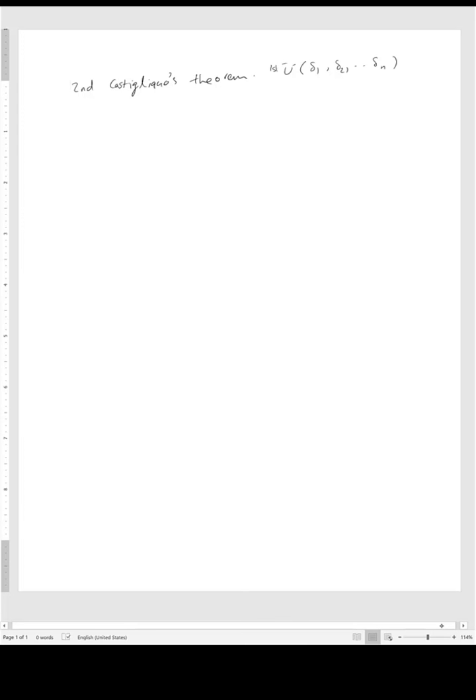In the second one, you write U as a function of external forces, which also contain concentrated moments. So Castigliano's theorem tells us that if you write partial U partial any of the Pi, you get the displacement corresponding to that concentrated force.